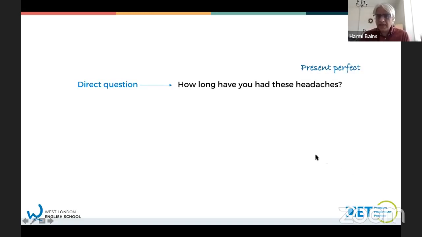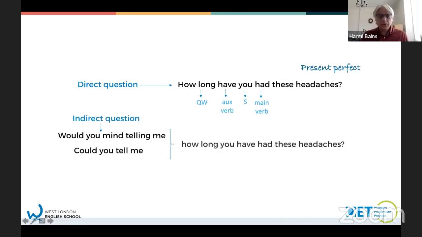Again, if you look at how this question has been formed, we've got our question word. We've got an auxiliary verb, which is like a supporting verb. Then we've got the subject, and we've got a main verb. And again, we're going to turn it into an indirect question. We've got "would you mind" or "could you tell me?"